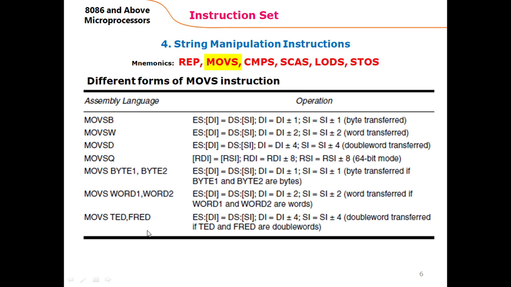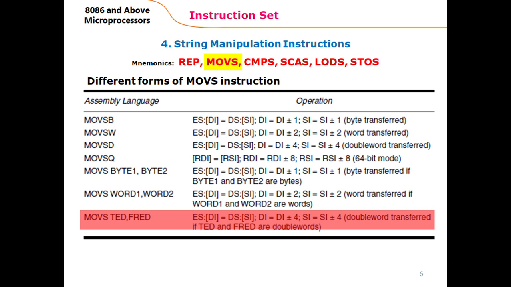And if the operands are double words, then double word data is transferred from the data segment memory location addressed by SI to the extra segment memory location addressed by DI. So there are different forms for the MOVS instruction, and I just talked about these instructions.